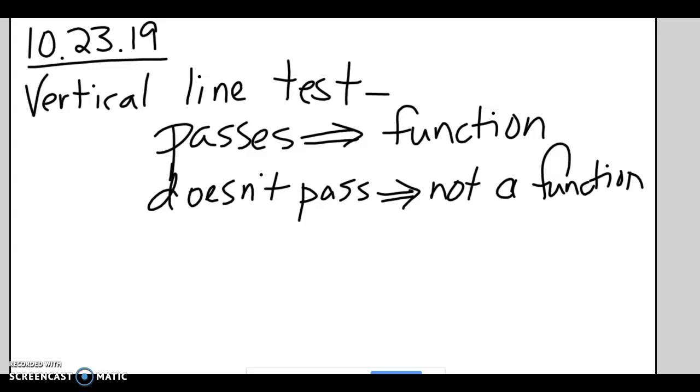So what is the vertical line test? The vertical line test is if you pass a vertical line, that's up and down, through your graph, and it doesn't touch the graph in more than one place at a time, then it is a function. So, for example, let's look at this graph.